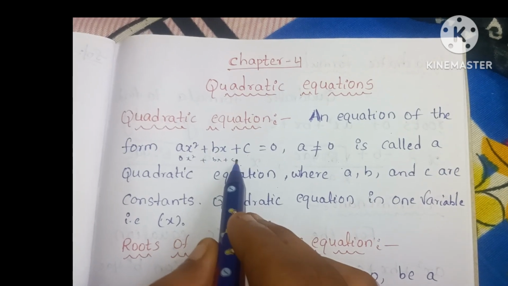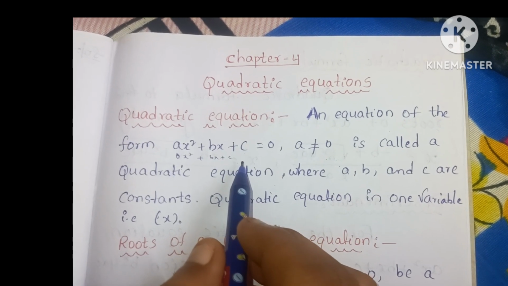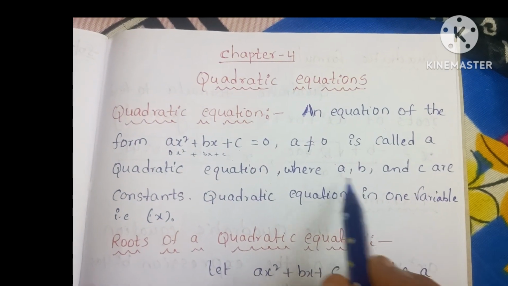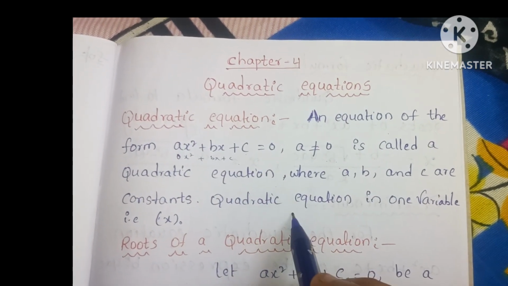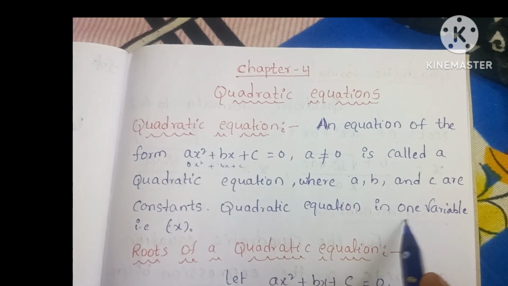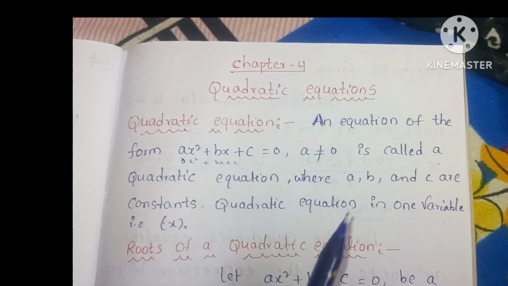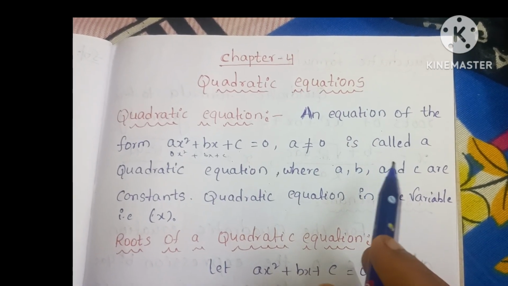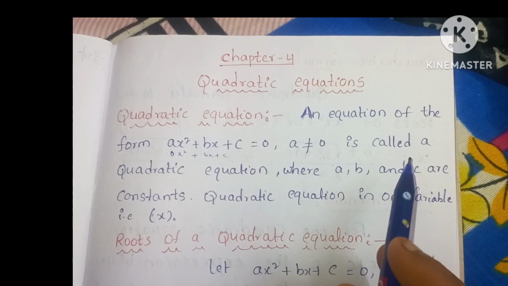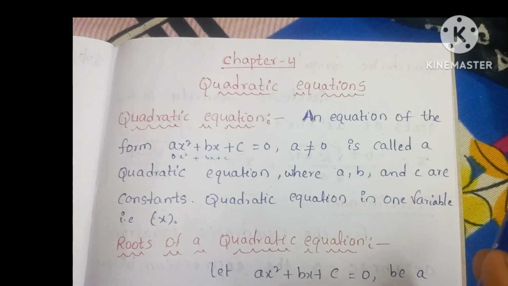Here a, b and c are constants, and a quadratic equation has one variable only. We understood now: if a is 0, it becomes a linear equation. So a can never be 0.